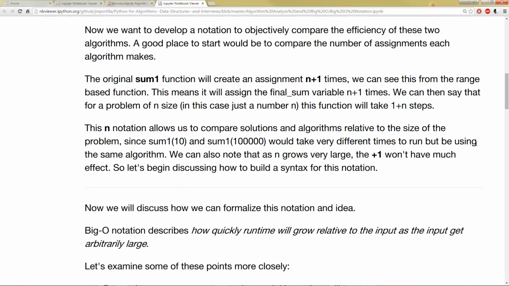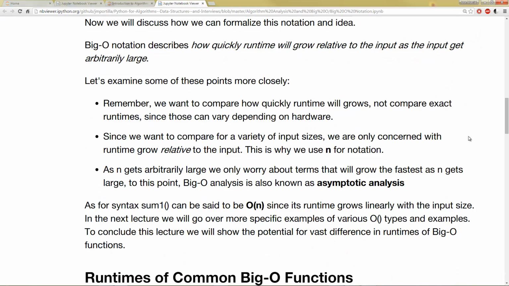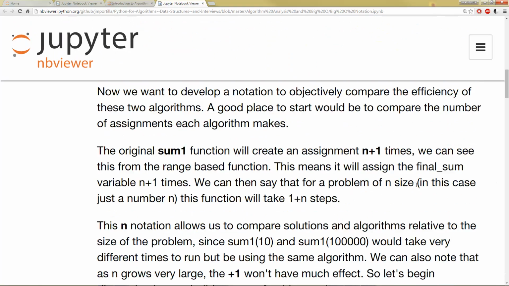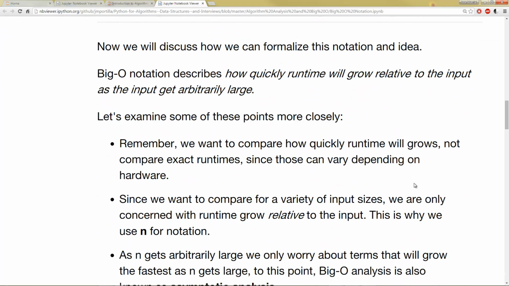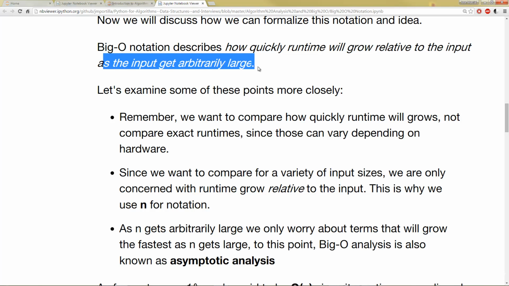Okay, so let's go ahead and scroll down here and zoom in a bit so we can discuss the formality of Big O notation, excuse me. So Big O notation, formally we can say it describes how quickly runtime will grow relative to the input as the input gets arbitrarily large.